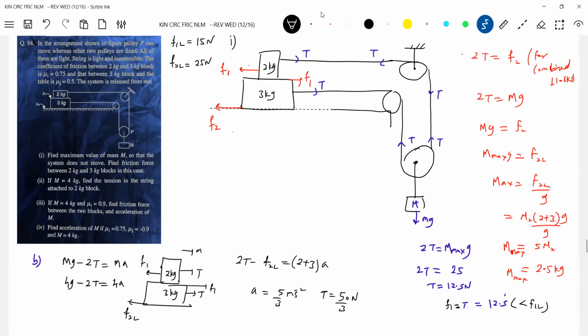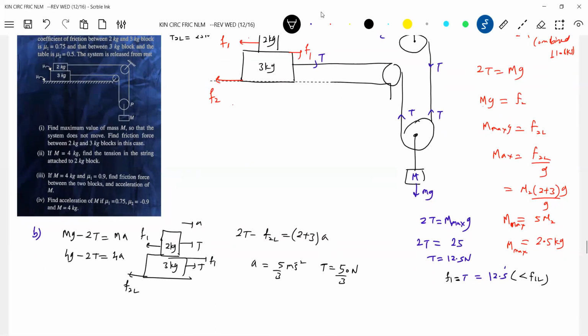Okay, let's check now. I'll write equations of motion on the block 1. So T minus F1 equal to 2a. T value I know, 50 by 3. F1, this will be 2 into 5 by 3. 50 minus 10 by 3, 40 by 3. 40 by 3 will be 13.33 Newton.